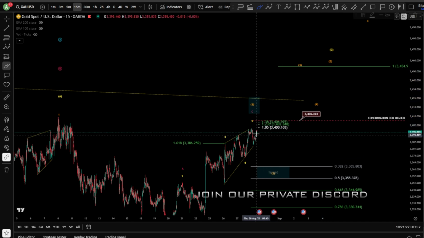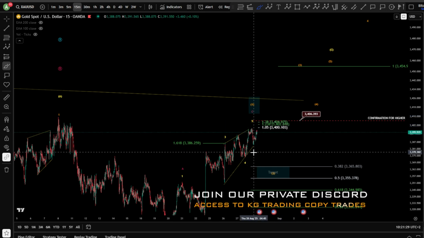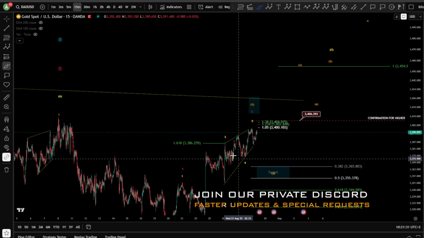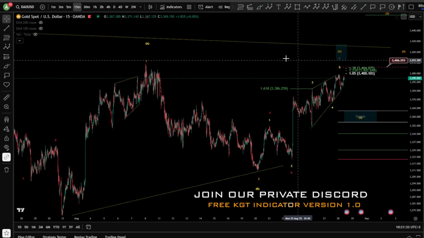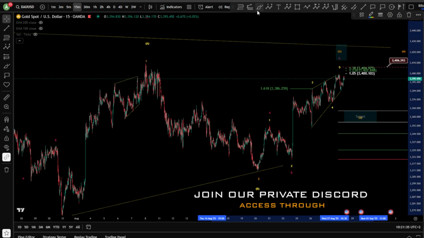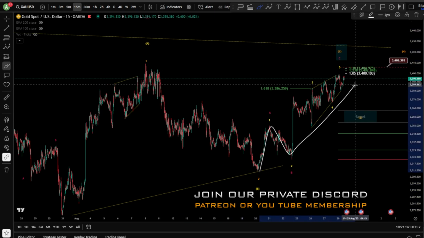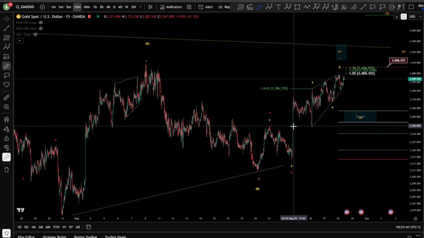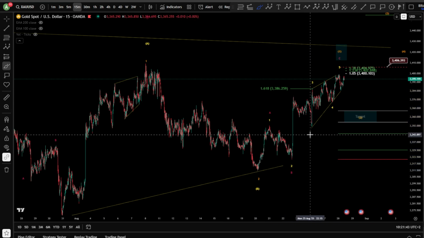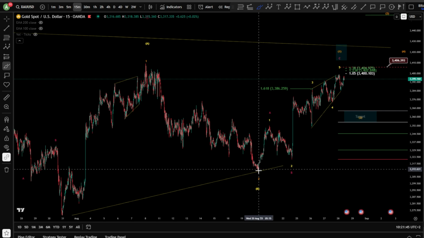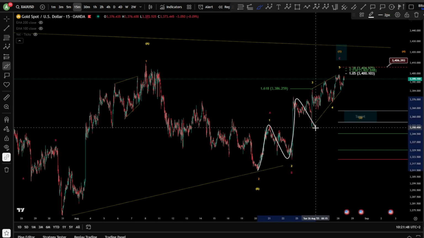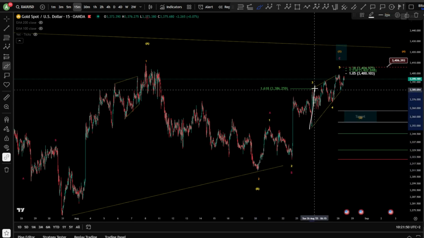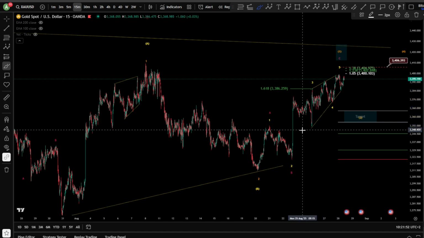But basically, this is the only possibility that I see right now, because currently I see a finished structure in both cases. Yeah, so ABC finished, and if you are in 1, 2, 3, 4, and a 5 can be finished as well. Okay, and even let's say that your wave 1, 2, 3, 4, and a 5, the wave 5 can be also diagonal here, right?